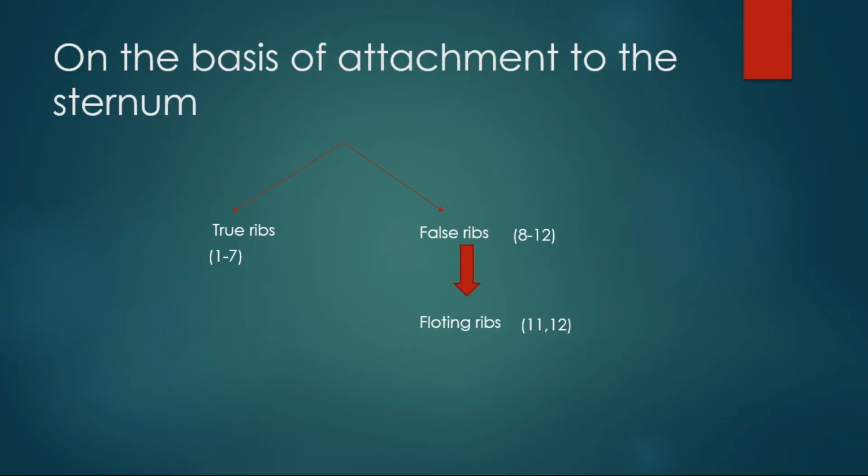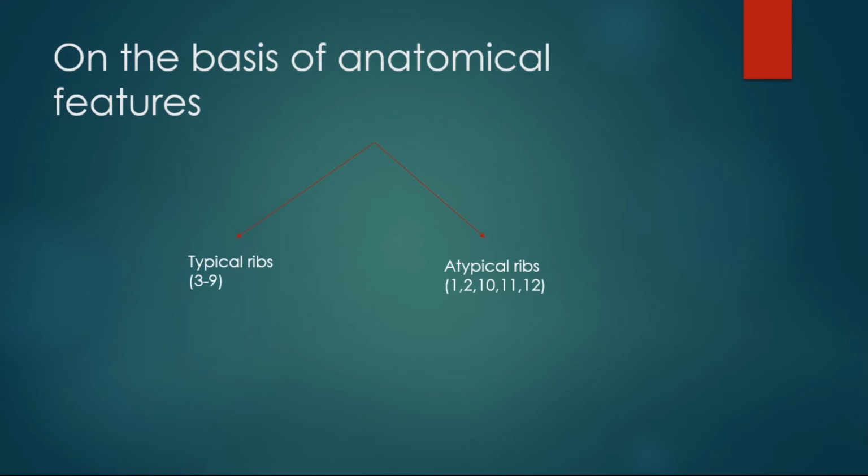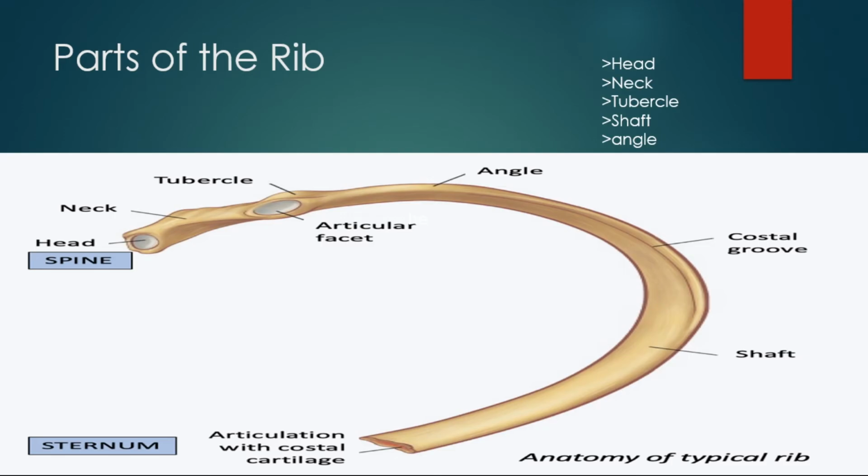Now we have learned the classification of ribs on the basis of attachment to the sternum. The other categorization was on the basis of anatomical features: typical ribs and atypical ribs. What is a typical rib? A typical rib has head, neck, tubercle, shaft and angle.